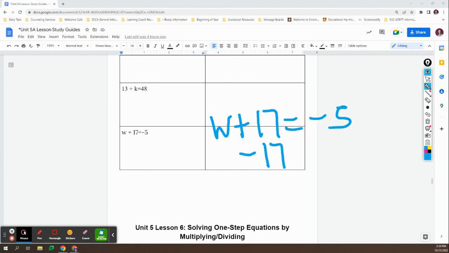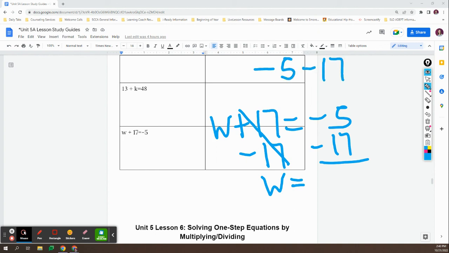So since we're adding 17 to w, to get w by itself, we would subtract 17. So negative 5 minus 17. When I have a negative number and I'm subtracting another number, or a positive number, what you really want to do is add those two and then keep it negative.